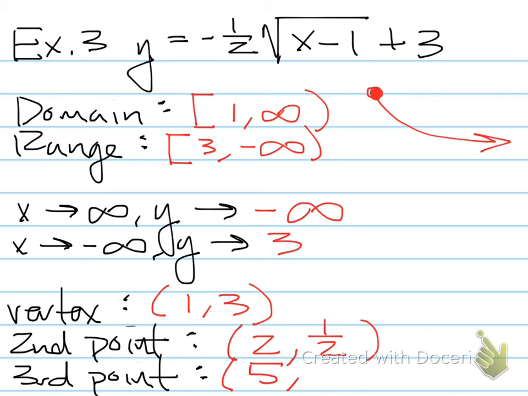Negative 1/2 times 2 is negative 1, and then negative 1 plus 3 is 2.